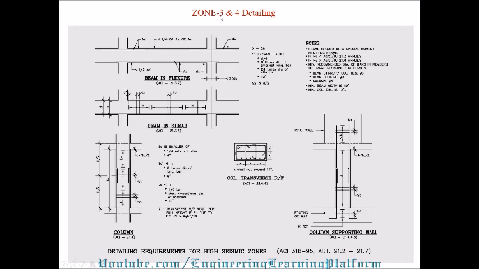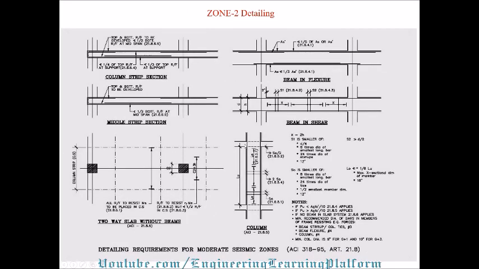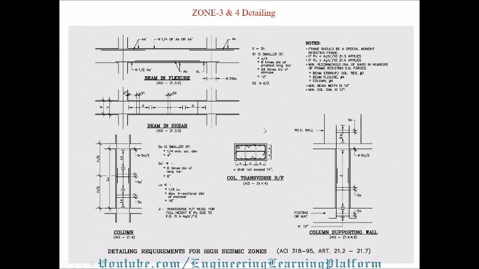Zones 3 and 4 are high seismic zones, and the splices are provided at the center of the column height, but in low seismic zones the splices are provided at the support of the column. Similarly, here you can see the extra reinforcement is provided, but we have to provide extra reinforcement for gravitational load usually, so the detailing for extra reinforcement is the same.